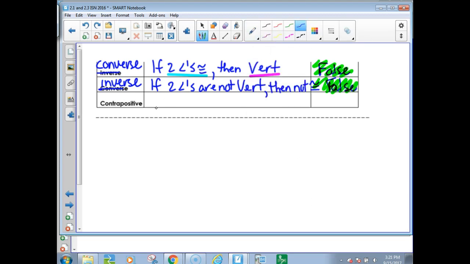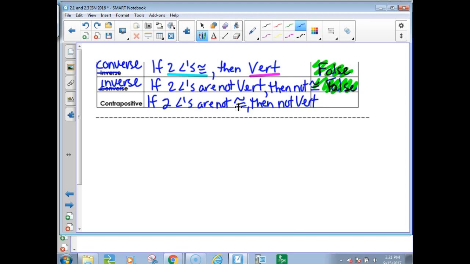And then finally, the contrapositive would be if two angles are not congruent, then not vertical. Okay, now that's supposed to be true, so let's think about it.